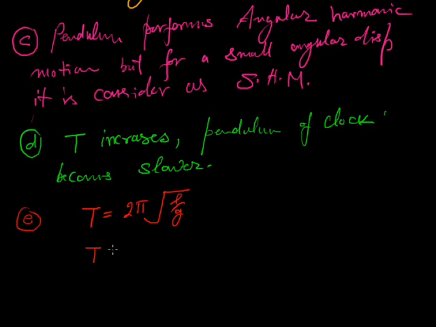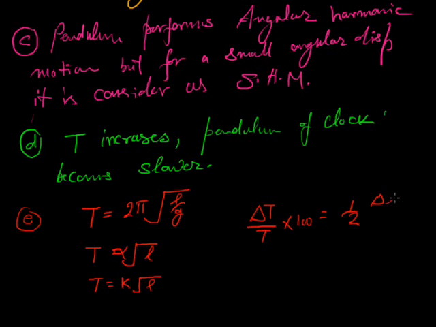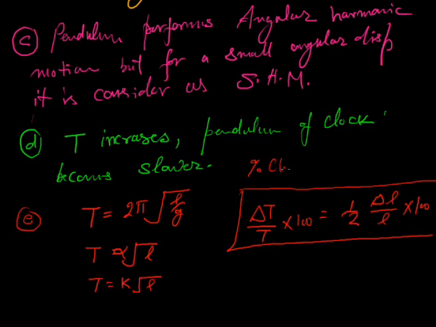So T is proportional to root L, or T is equal to k root L. It shows that the percent change in T, delta T upon T into 100, will be equal to, पावर को हम आगे ले लेते हैं, इसकी हाफ पावर है तो half delta L upon L into 100, the percent change in T when g is constant. Here g is considered as constant.